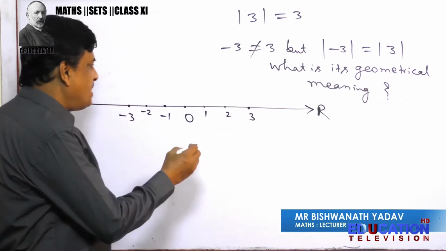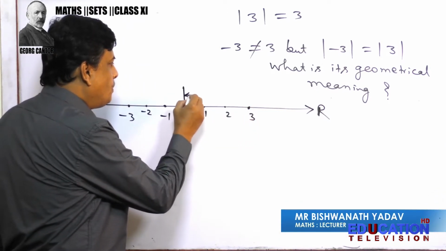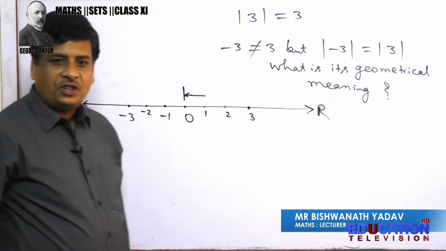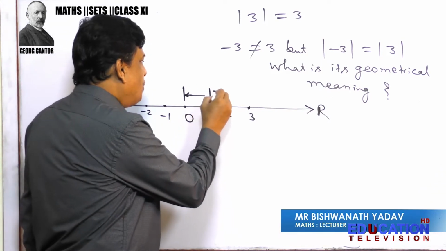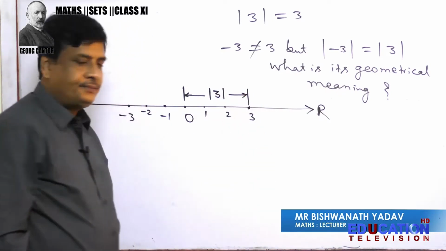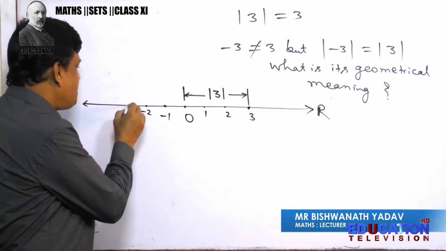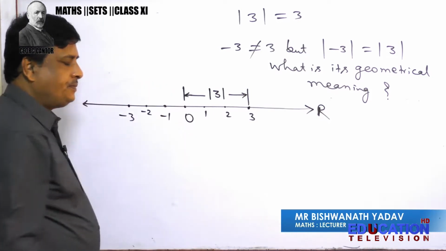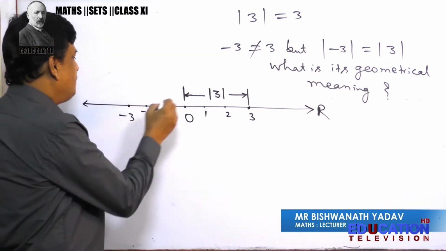But when we measure the distance of 3 from 0, it is 3, and we can write it also as modulus 3. What is the distance of minus 3 from 0? Its distance is also 3.